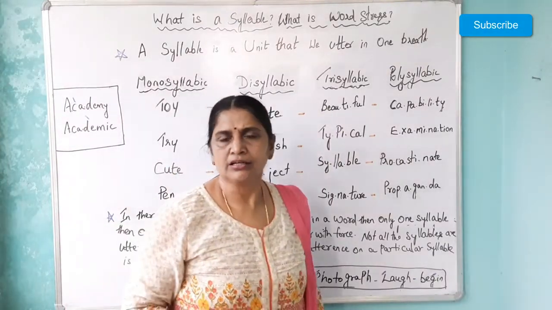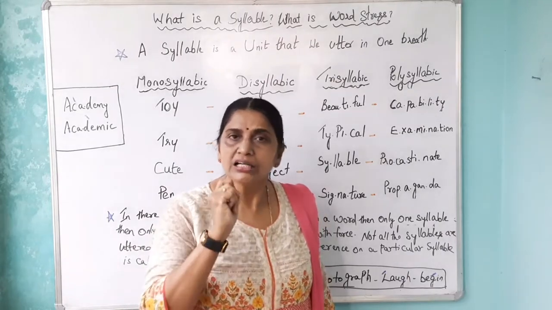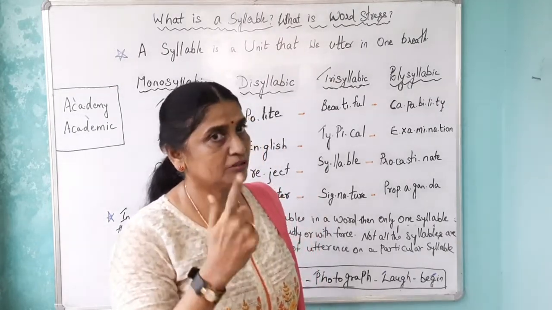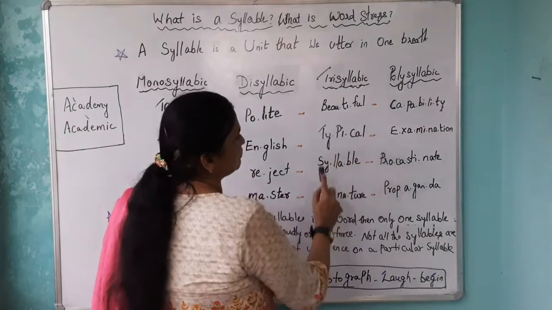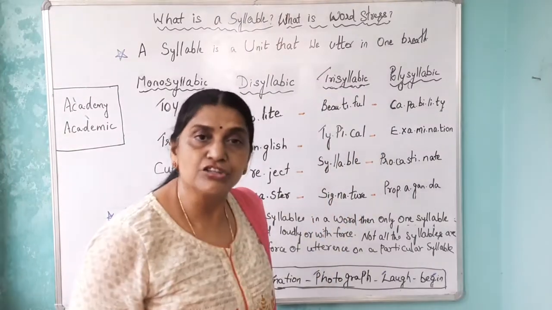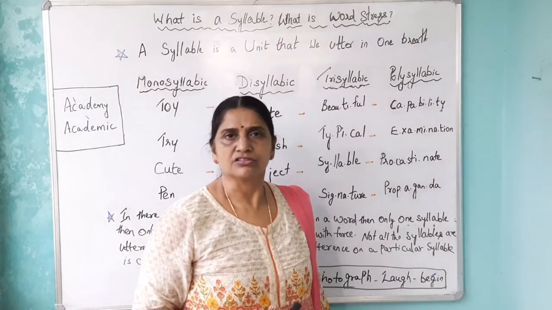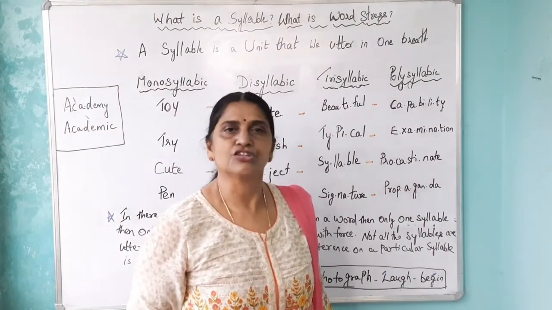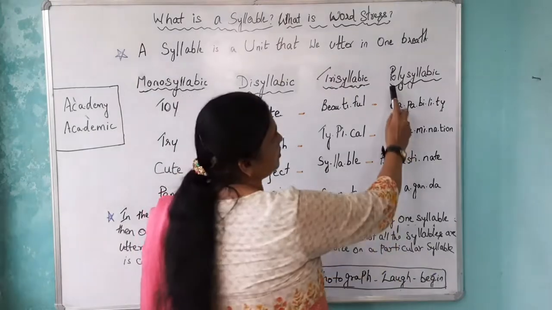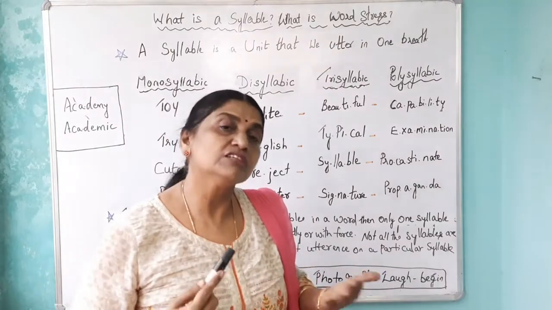Typical. Okay? You say typical, but you are giving a gap, one breath, you are taking another breath. Typical, syllable, signature. You won't say signature in one go, no. Signature. Okay? Now, polysyllabic words contain more than three syllables.